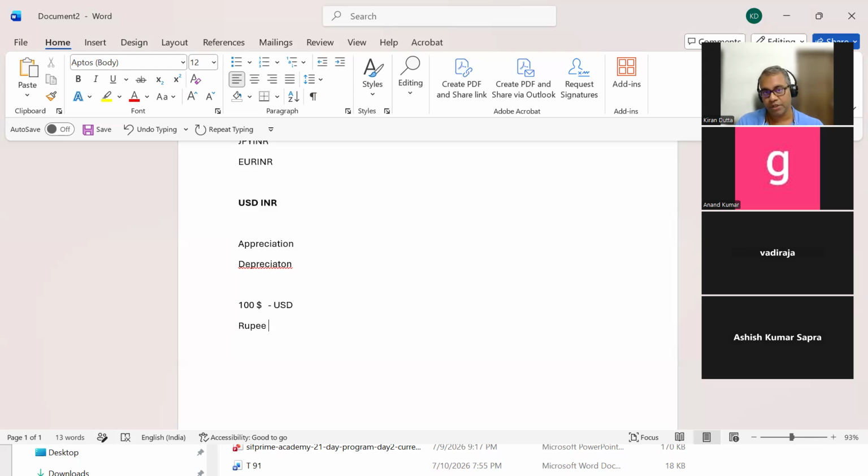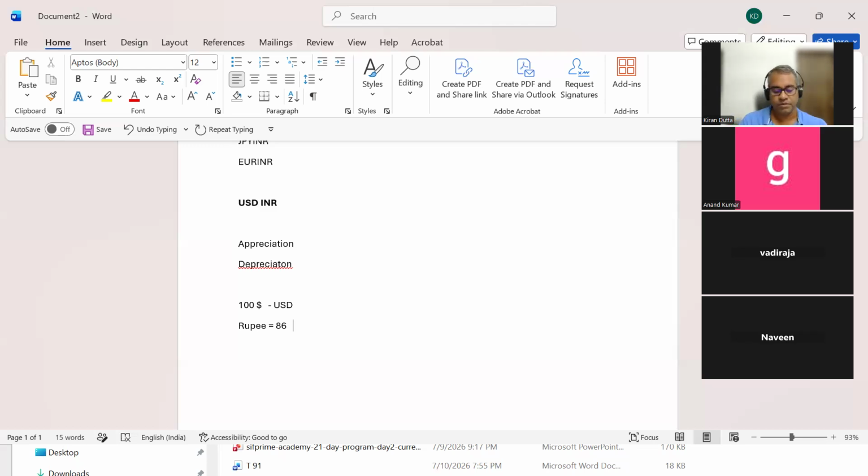I'm just taking hypothetical examples. Please don't go check exchange rates and start debating. Say, for example, the exchange rate is 86 rupees. How many rupees can I buy? 8,600.